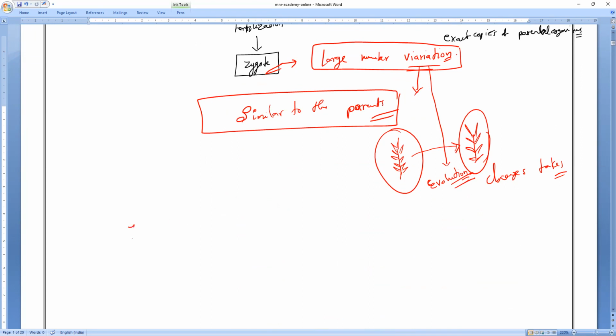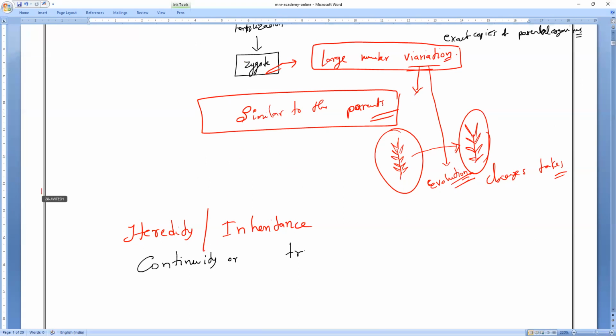So please write it. First, heredity we can also call inheritance. Do you all understand? Continuity or transmission of characters.